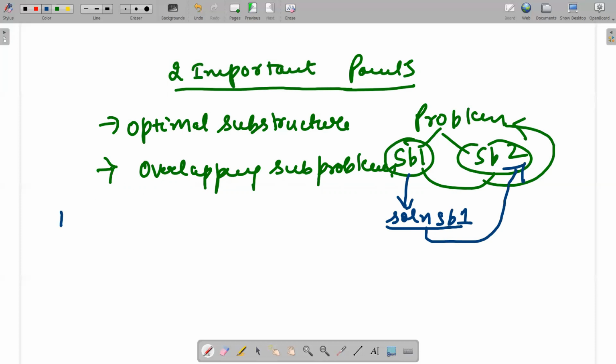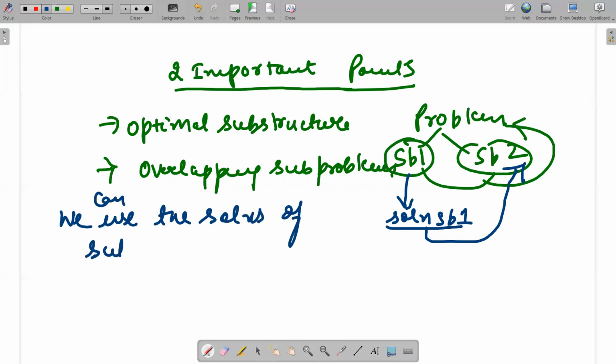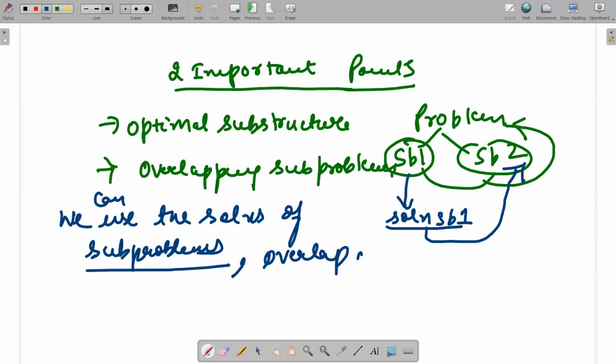Means we can use the solutions of subproblems and overlap them with other subproblems. I'm just giving a very simple example.